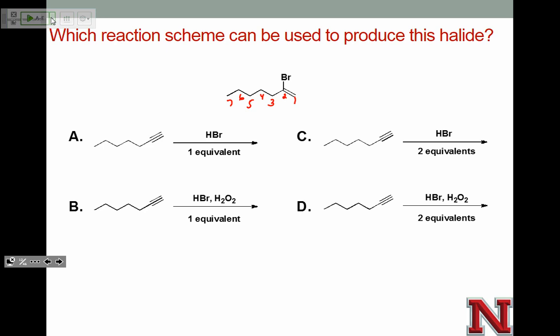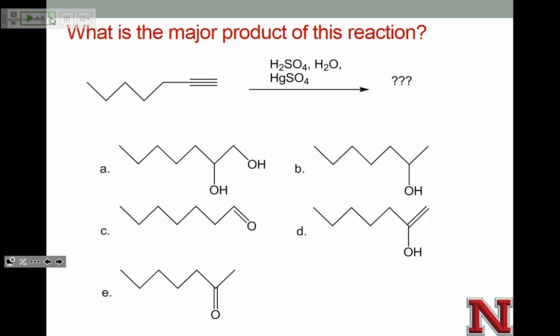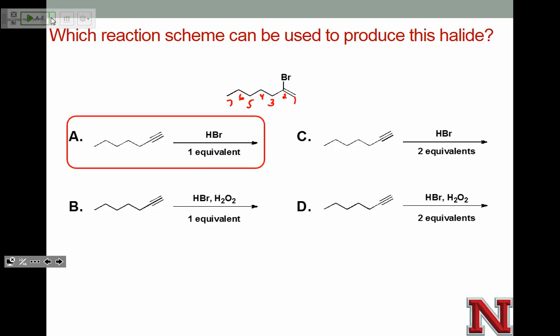So that would be A. B, of course, we would be adding one equivalent, but we'd be adding to the least substituted. And then these, we're both adding 2 equivalents, so we would not retain a pi bond when we add 2 equivalents of HBr. Remember, our halogens are going to add in the same position. It's still going to be Markovnikov or anti-Markovnikov, whether it adds twice or once.